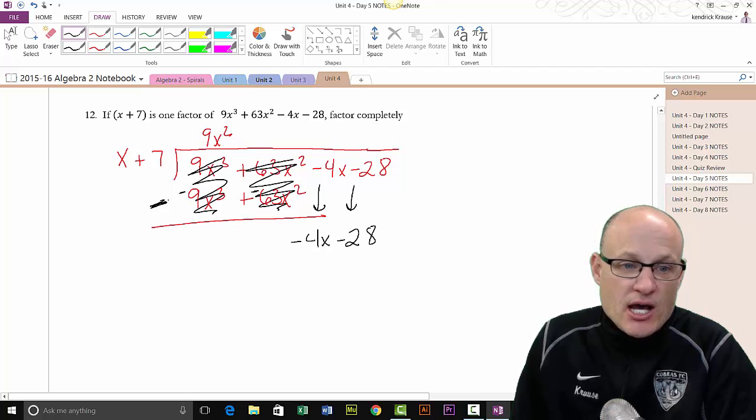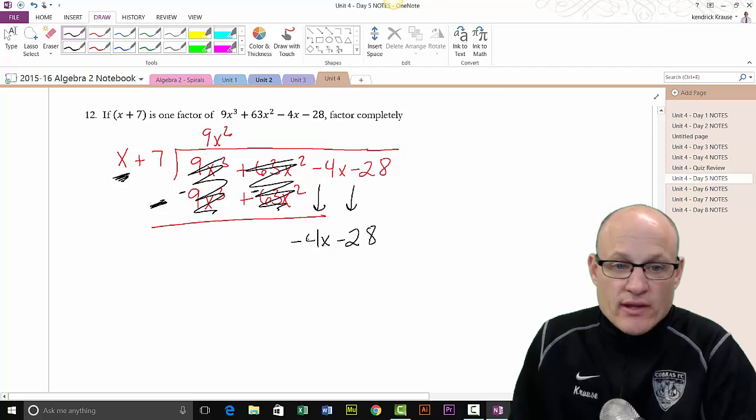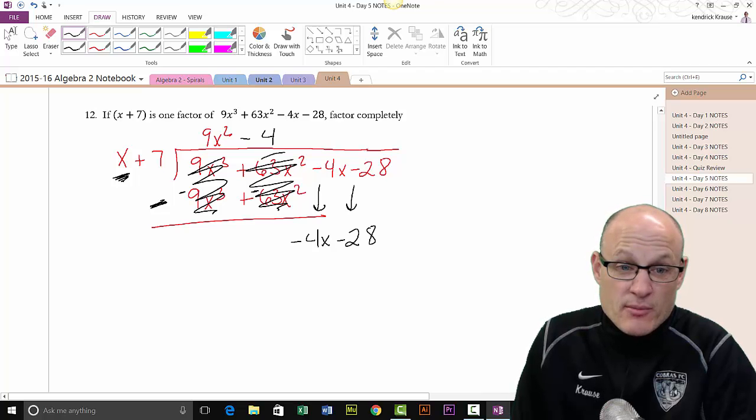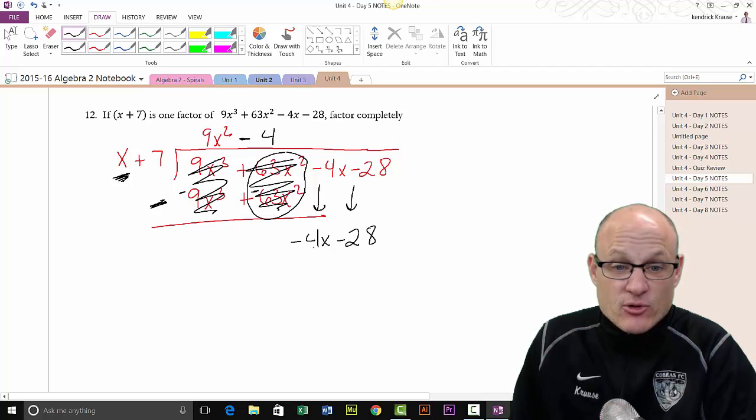And I divide. How many times does, or divide, negative 4x divided by x? Well, that's minus 4. Notice I've completely skipped the plain old x term because this went away. Because this went away, there's really no x term anymore. So negative 4x divided by x is negative 4.